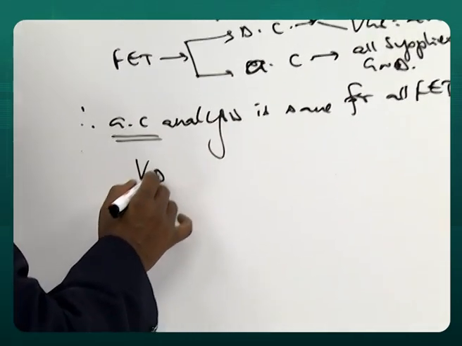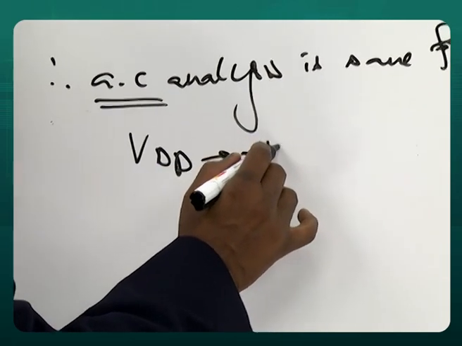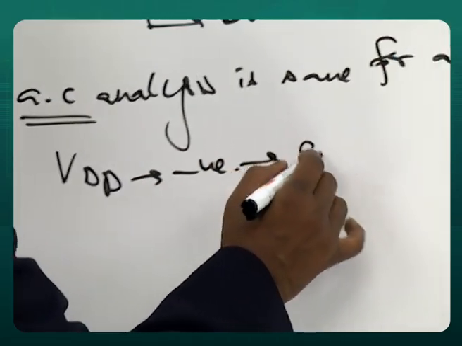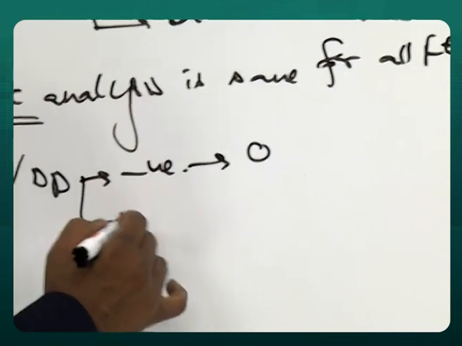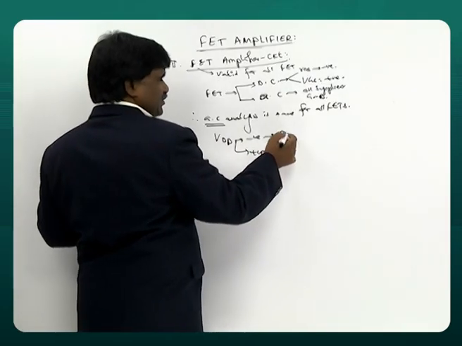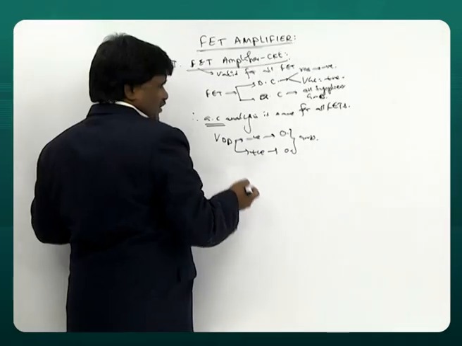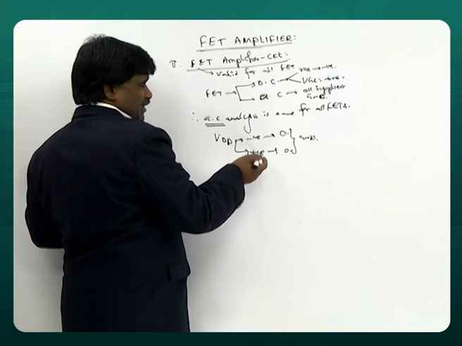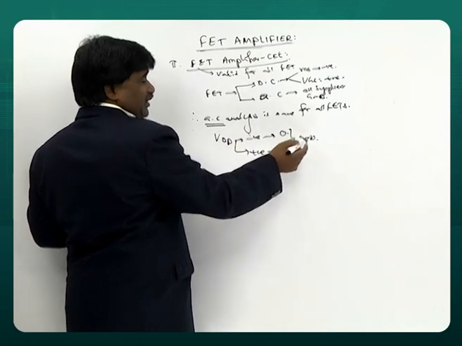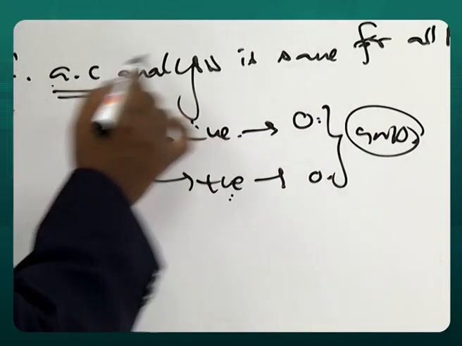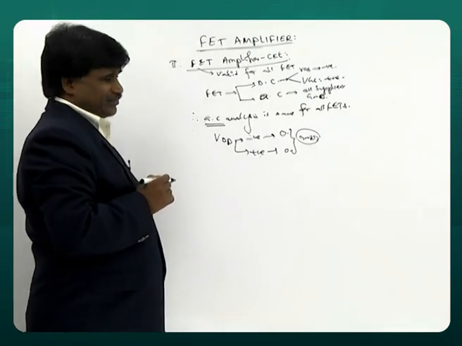For example, you give VDD negative, but for AC it is 0. Give positive, for AC it is 0. 0 volts means ground. So whether it is N channel or P channel, whether it is JFET or MOSFET, it is grounded. That's why AC analysis is the same.